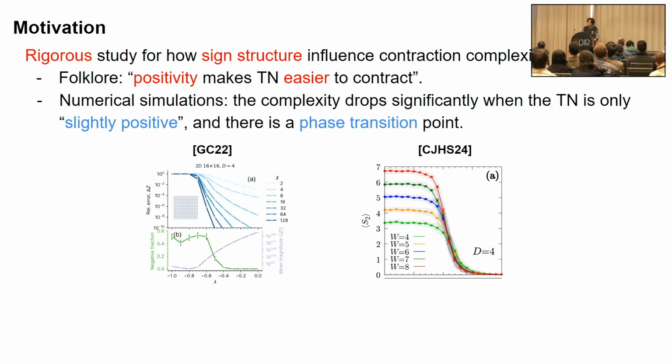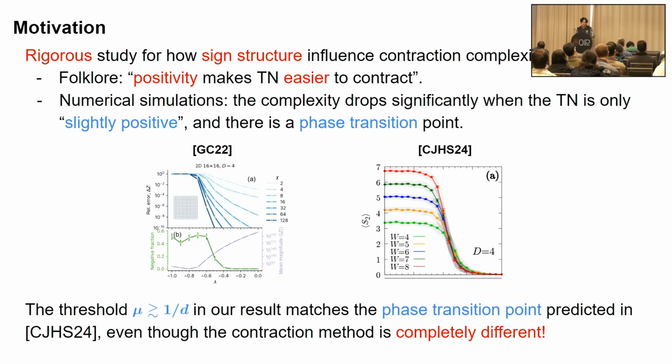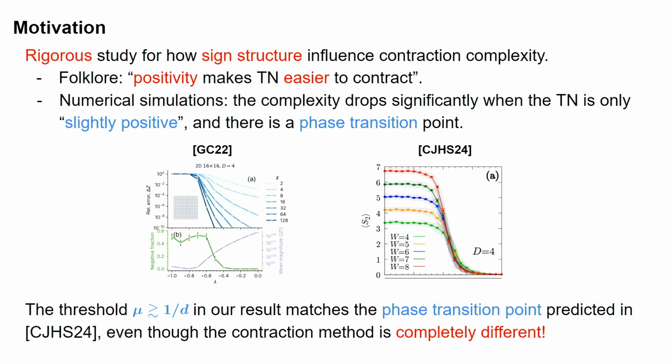In particular, Gray and Chan first observed such a transition. And in a recent paper by us, we studied it more systematically and predicted the transition point. And the threshold in our result, in fact, matches the phase transition predicted in the latter paper, even though the contraction method is completely different.